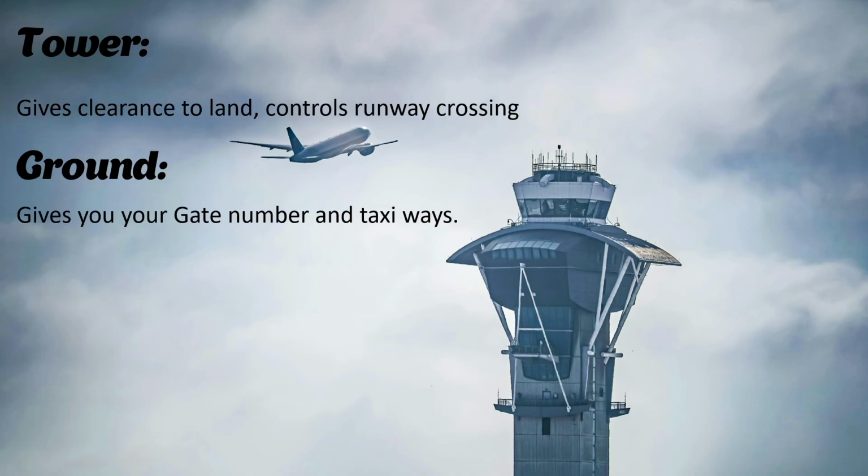So for example, your approach said turn heading 270 to your final. I would say, approach, on my final to ILS approach runway 27 left, and approach will say contact tower on whatever frequency it is, and then you have to ask permission to land.